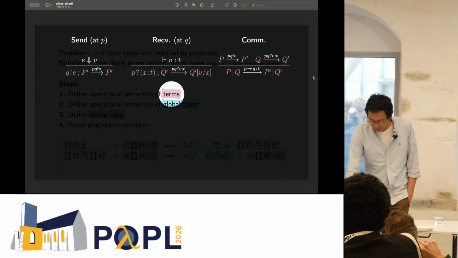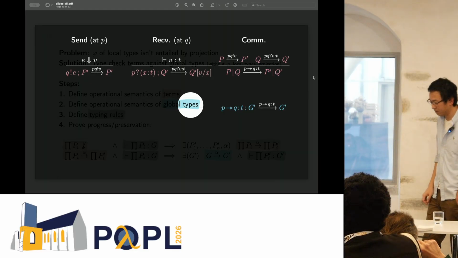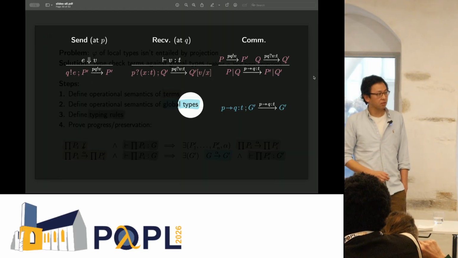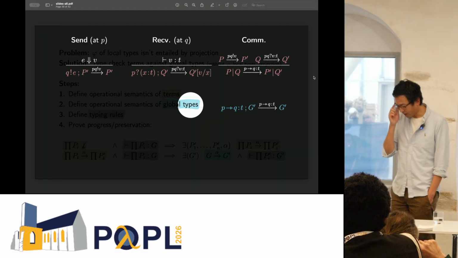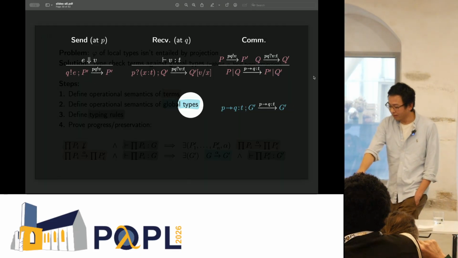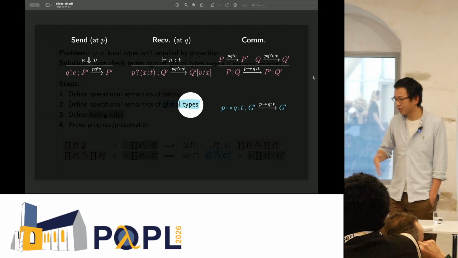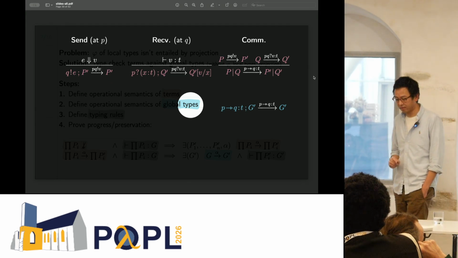Similarly, we have an operational semantics for the types, which in its simplest form looks like this. So we had this type constructor for a single communication with a continuation G prime. Well, again, we can make a transition to G prime. And the label in this case represents the whole communication that is allowed, so to speak, by this type.